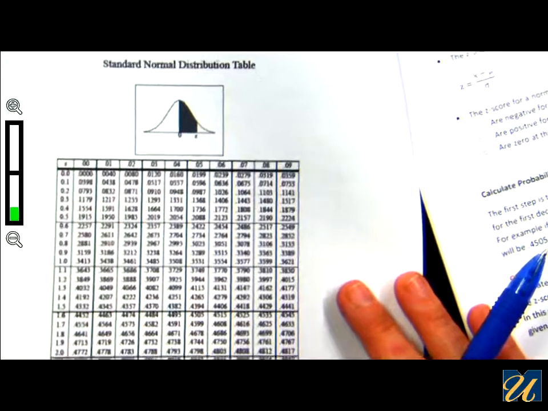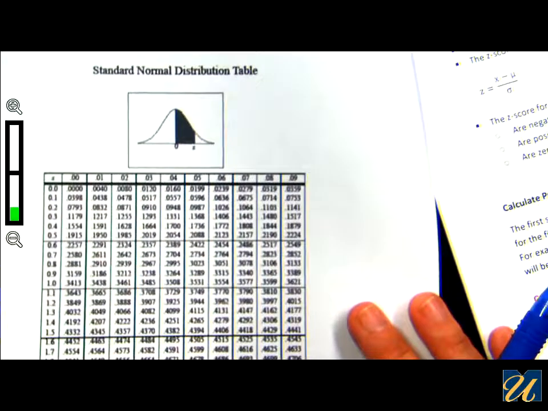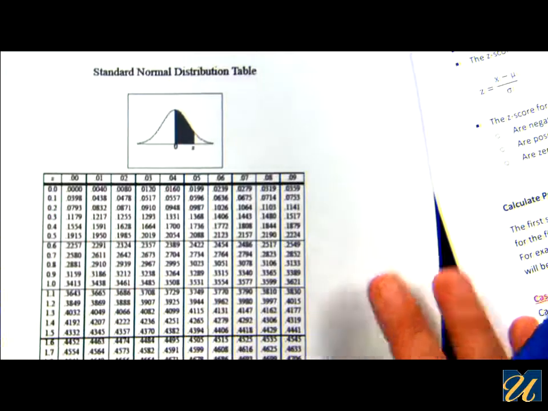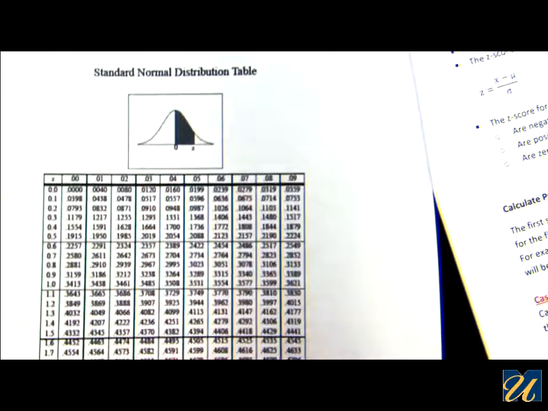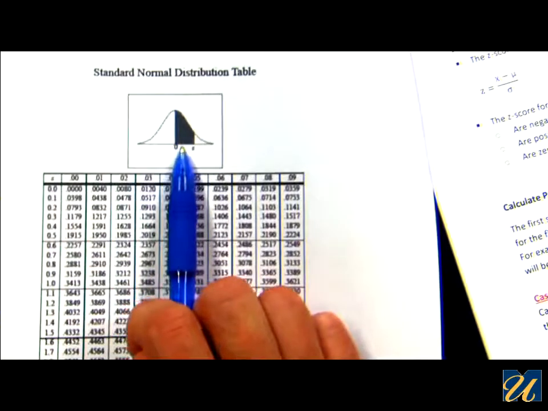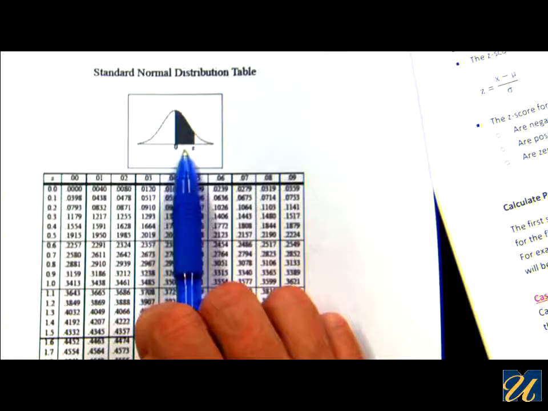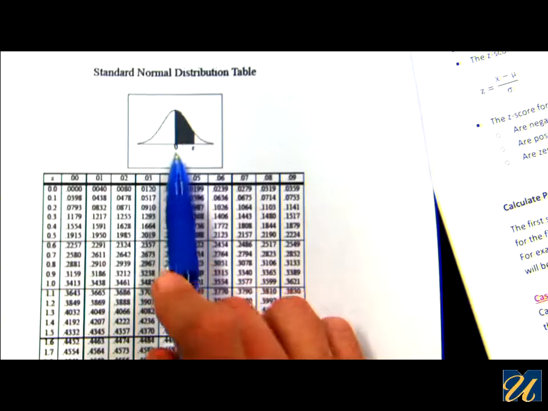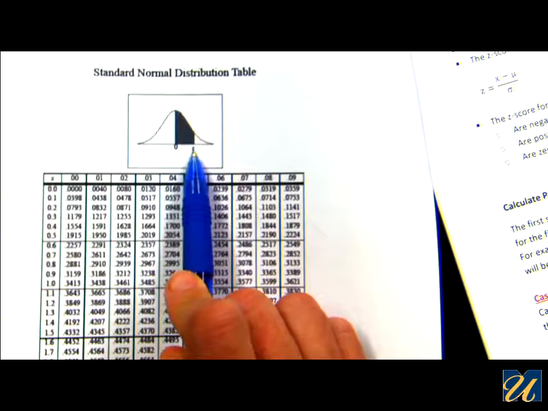What I want you to understand when you look at the table is what this table gives you and how to read it. In all cases, regardless of the areas that you are looking for, this table will give you the area from 0 to the z-score that you have calculated.